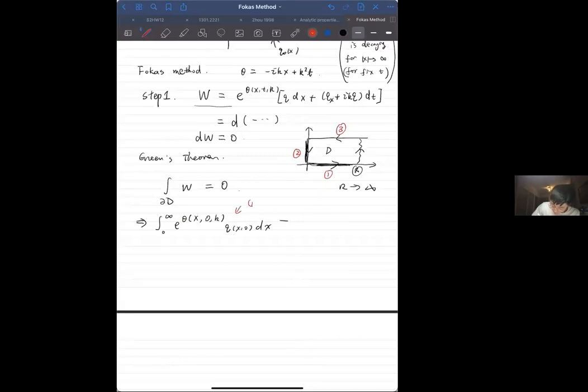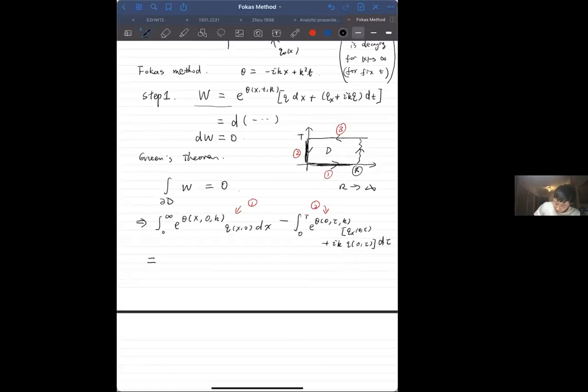So here, 1 and 2 give you this integral from 0 to capital T of e to the theta(0,tau), k q_x(0,tau) plus i k q(0,tau) d tau.